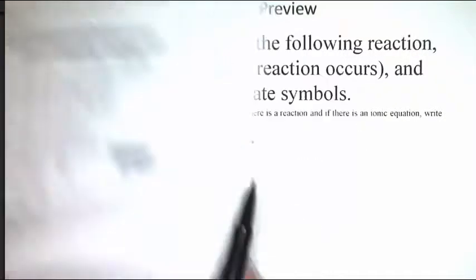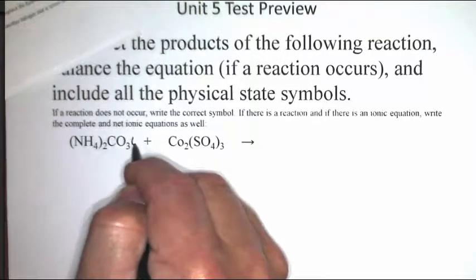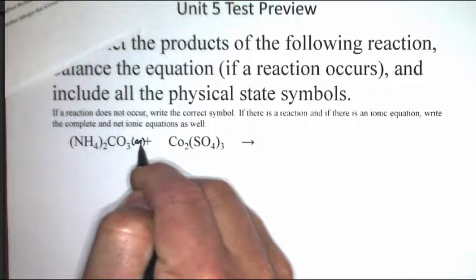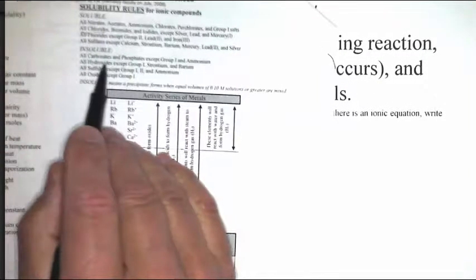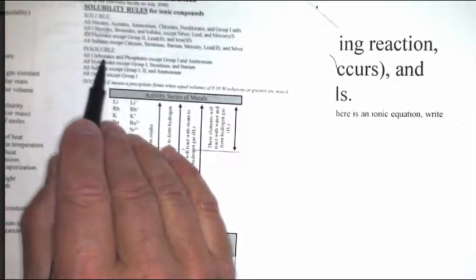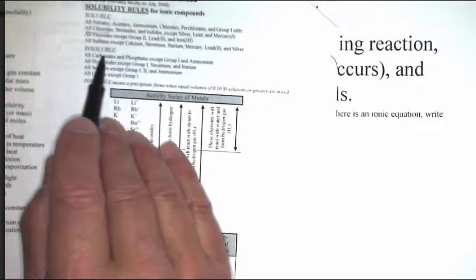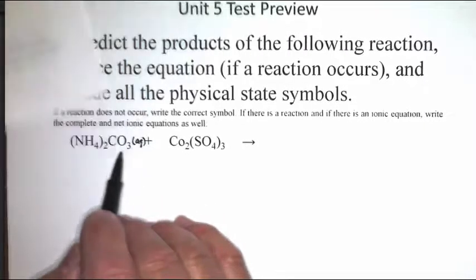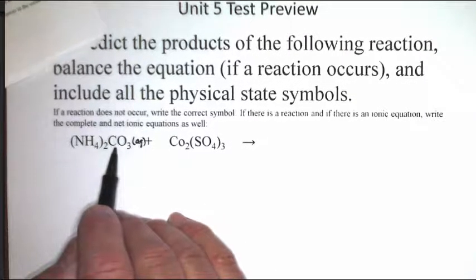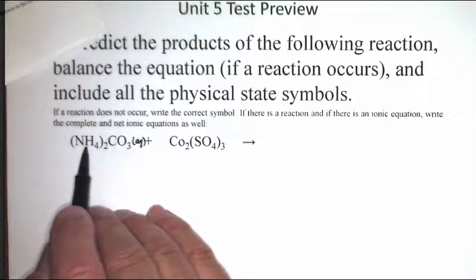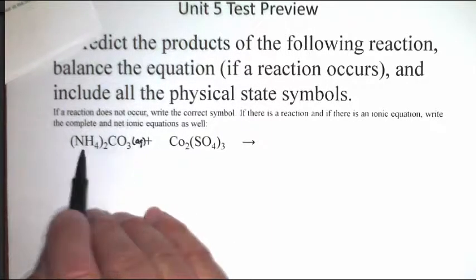So this is going to be aqueous just by that first rule. Okay? If I look down here at carbonates, I'll see that all carbonates and phosphates except group 1 and ammonium are insoluble. So while carbonates are usually insoluble, they're not insoluble when they're combined with ammonium. So again, both rules tell you that's aqueous.